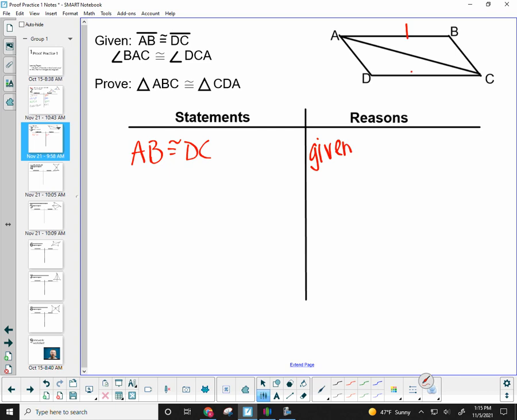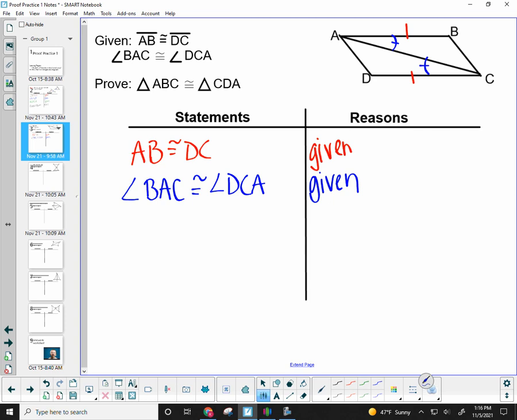So AB and DC are congruent. My next given says that angle BAC is congruent to angle DCA. So angle BAC and DCA are congruent.